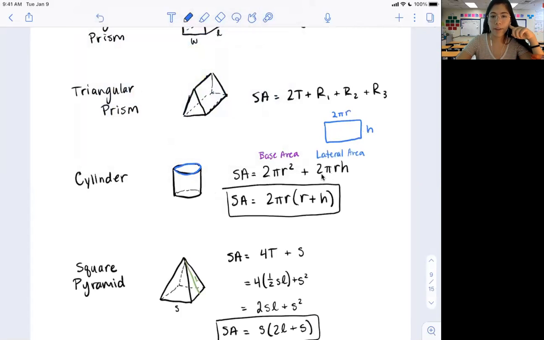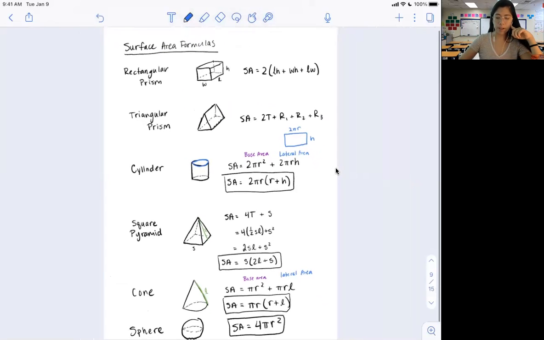So the lateral area for a cylinder, 2 pi RH. And again, guys, this is something that we have to start trying to memorize and understand where it comes from as well. Does anyone have any questions on where this comes from? 2 pi RH.